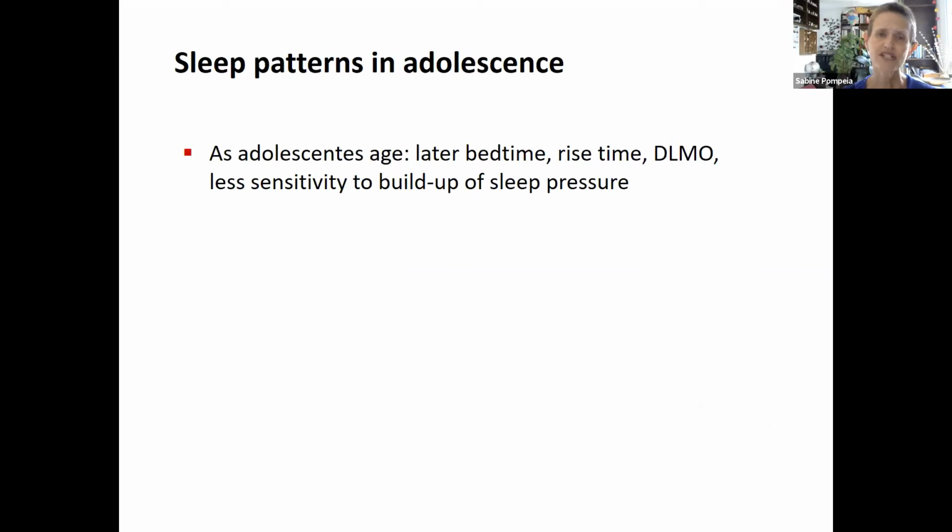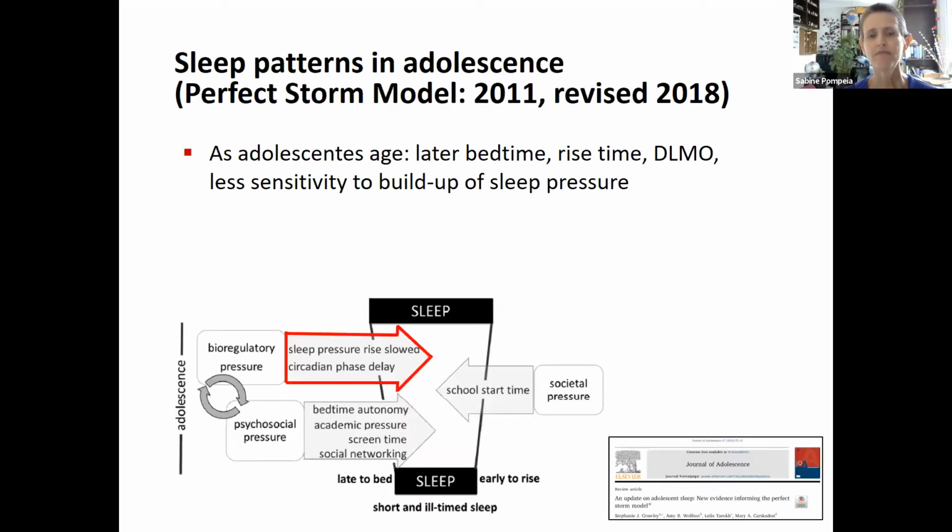So as we've discussed today, and as you all probably know, as adolescents age, they go to sleep at later times. They rise later if they're allowed to. They have a later dim light melatonin onset, and they also become less sensitive to buildup of sleep pressure as they become older. In my view, the best model that explains these effects is the perfect storm model, and it takes into consideration that there are two main factors related to these effects.